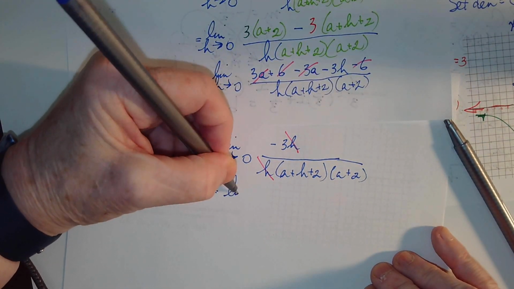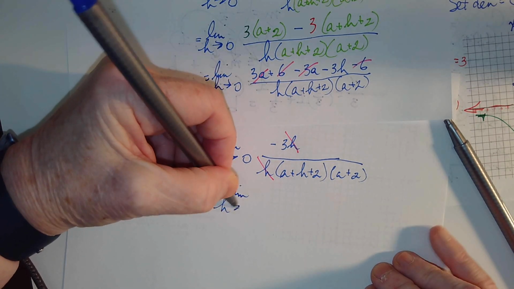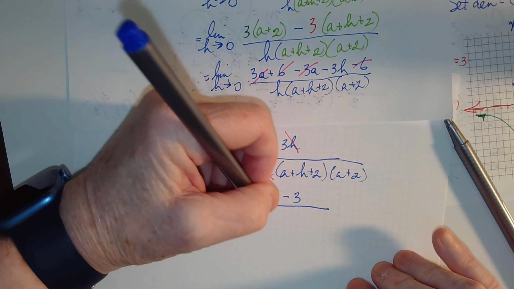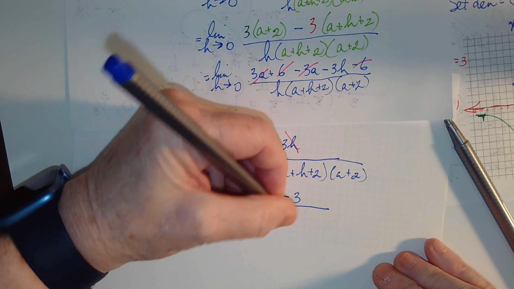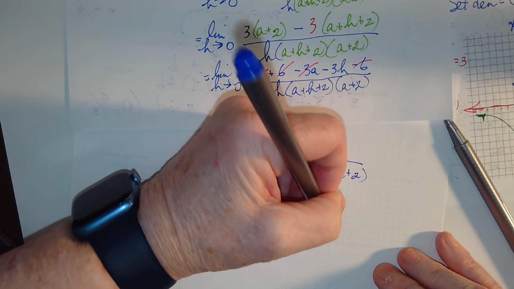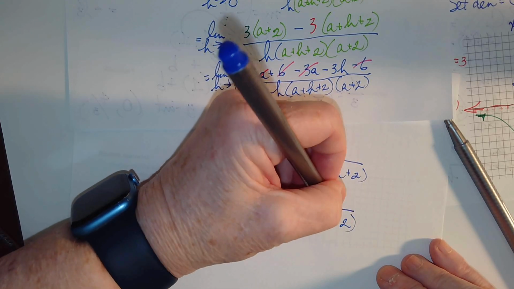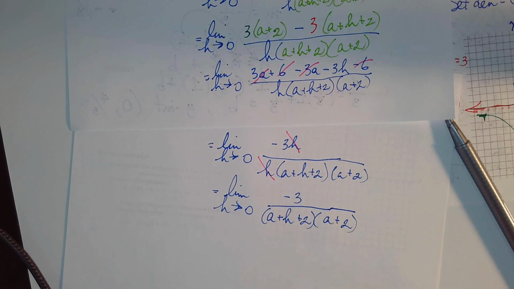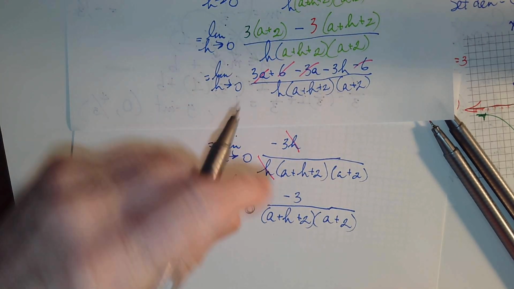So we get the limit as h goes to 0 of negative 3 divided by a plus h plus 2 times a plus 2. And finally, we can let h be 0, because h is no longer a factor of the denominator.